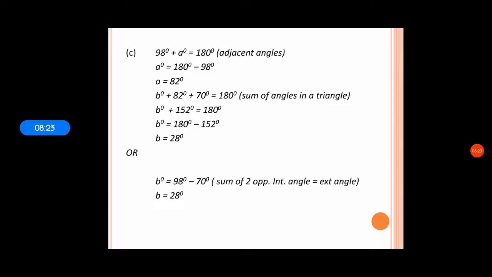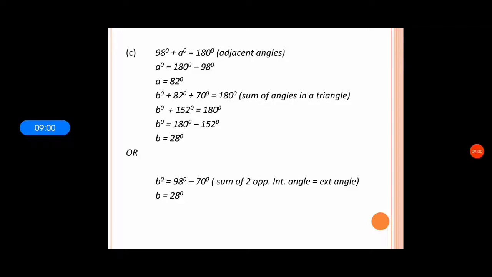That is, when we have 82 plus 70 together, we are going to have 152 degree. So our B equals to 180 degree minus 152 degree. Then B equals to 28 degree. So when we now pick our 28 degree and add it to 70 degree and 82 degree, it will give us 180 degree.